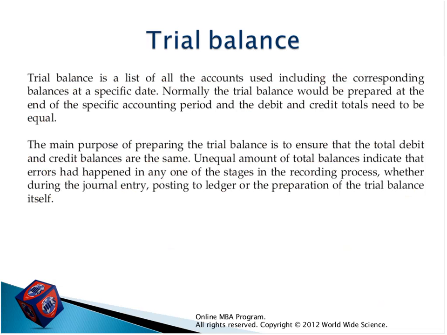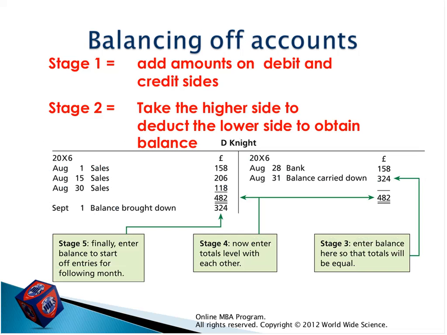Sometimes it could happen because if we run a big company, it would be difficult to record all the transactions. So what we do, if we have some difference between debit and credit, is make the balancing of accounts. So here is showing you how you can do it.